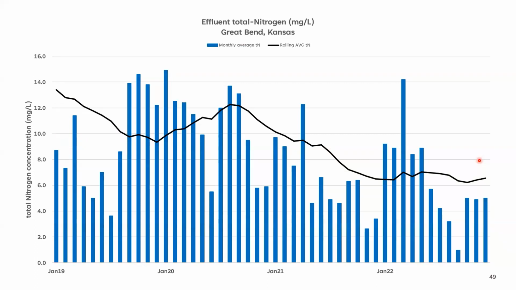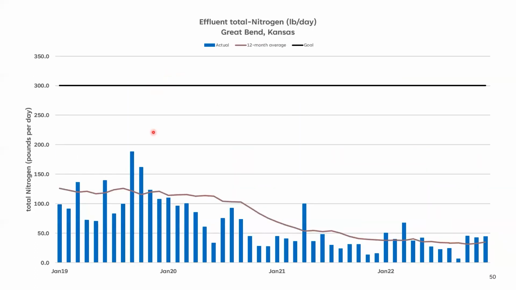Total nitrogen is a similar story, although due to facility size, they're operating well under design flow. They were already within total nitrogen mass-based goals and future limits at the facility, but they've significantly improved on their total nitrogen flows as well.